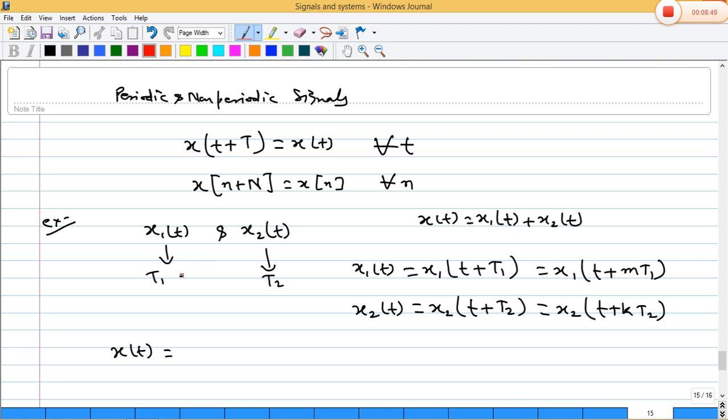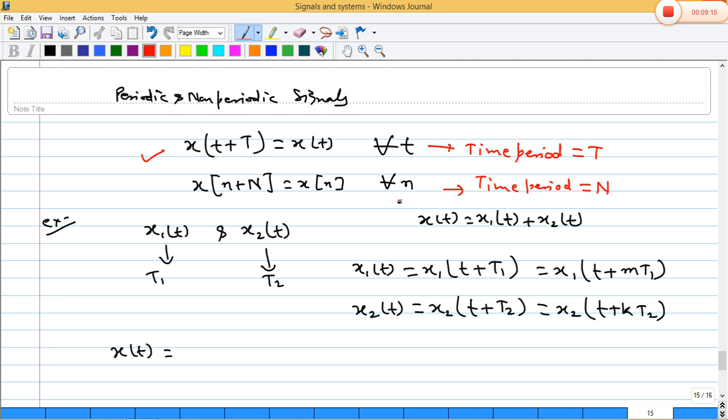So if any signal is periodic with time period capital T, then for a periodic function, the time period in continuous time signals will be capital T, and the time period in discrete time signals will be capital N here.